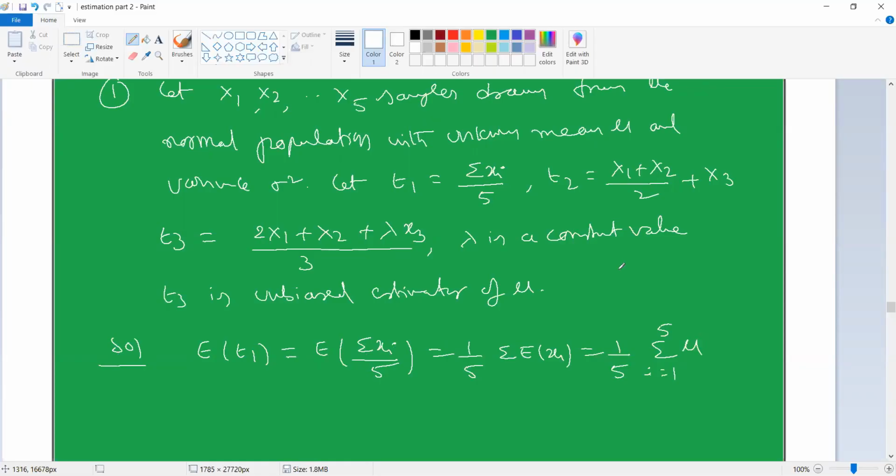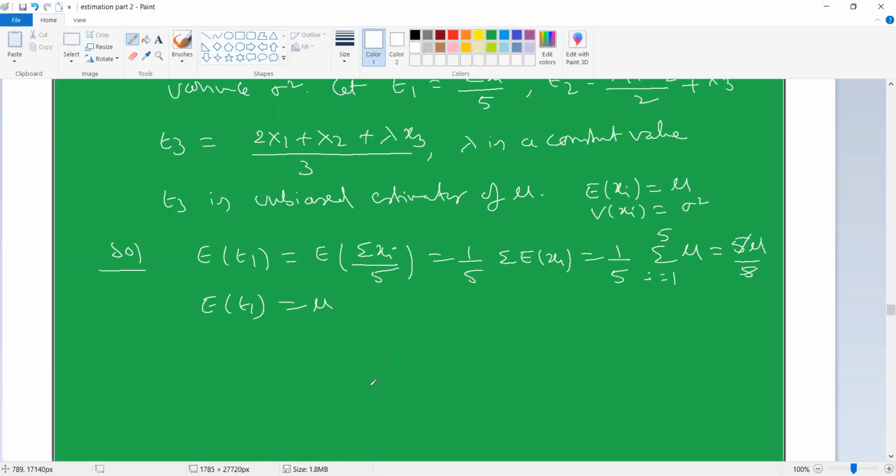E of xi is equal to mu, as already given in the problem, and variance of xi is equal to sigma square. So this is equal to 5 mu by 5. The 5 cancels. Expectation of T1 is equal to mu. T1 is an unbiased estimator of mu.